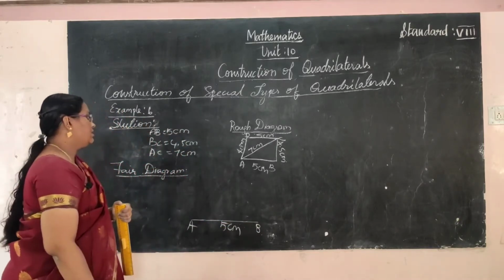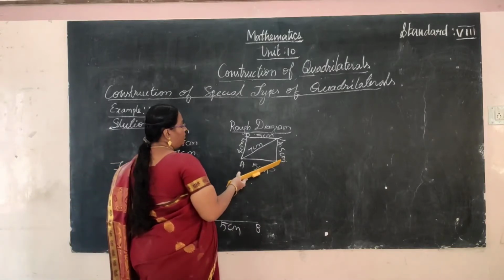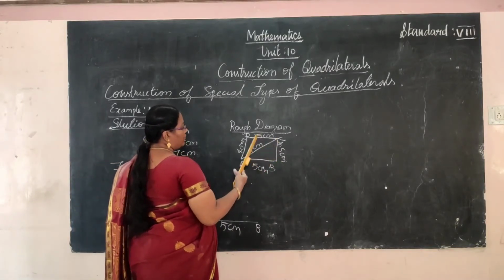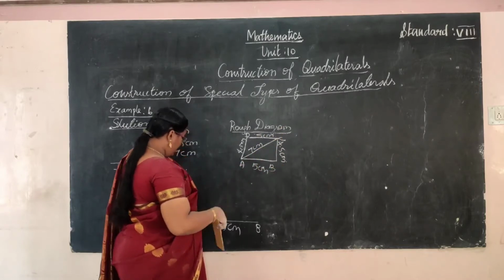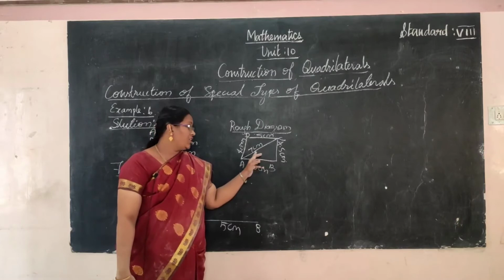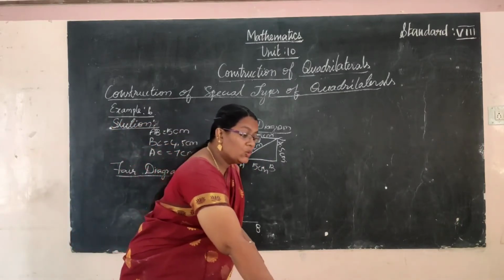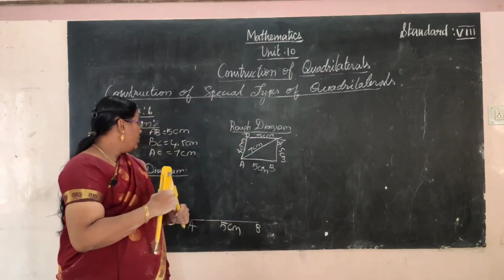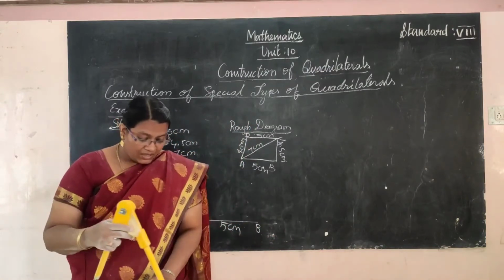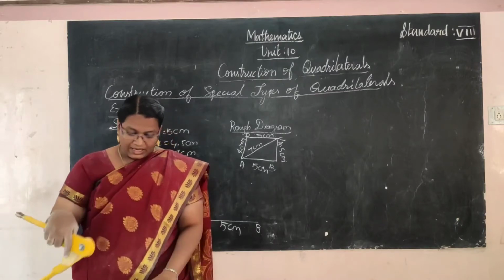Okay. Next, what are the measurements you know? With centers A and B, draw arcs of 7 centimeter and 4.5 centimeter by using the compass. So the diagonal value was 7 centimeter. So here the diagonal is given.